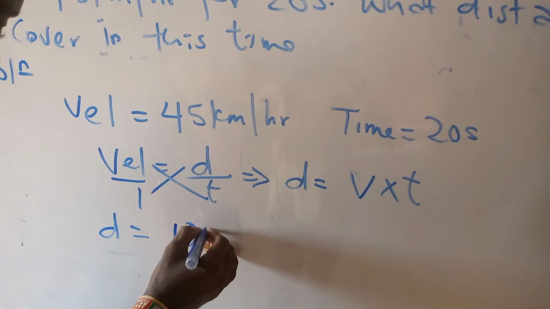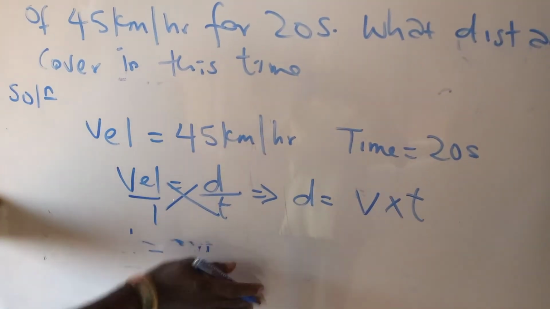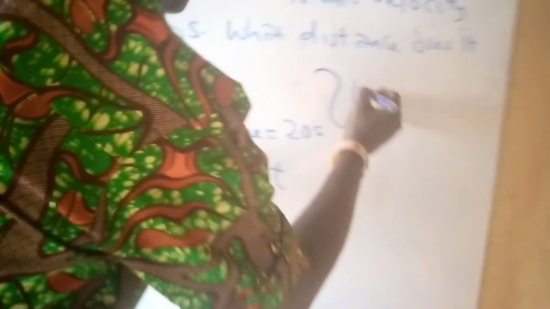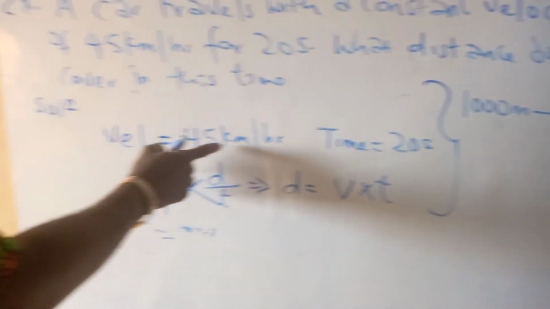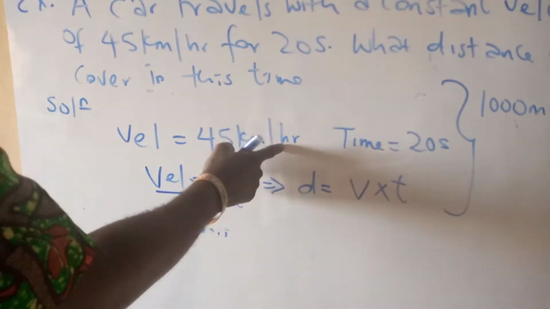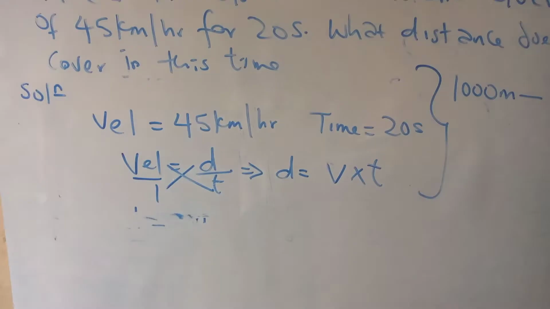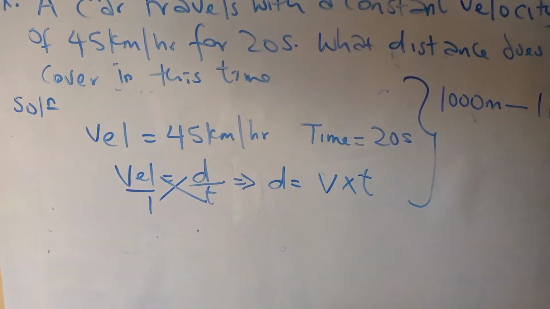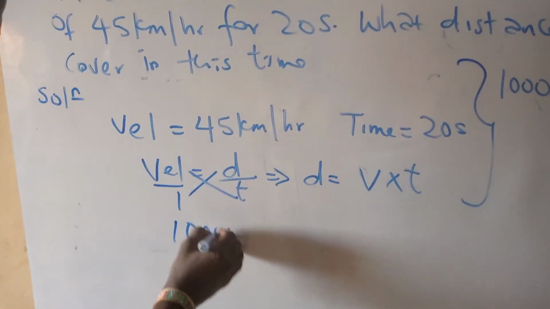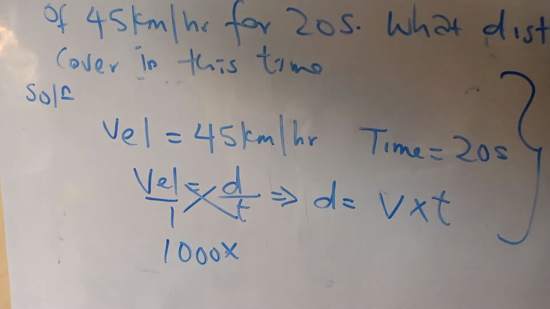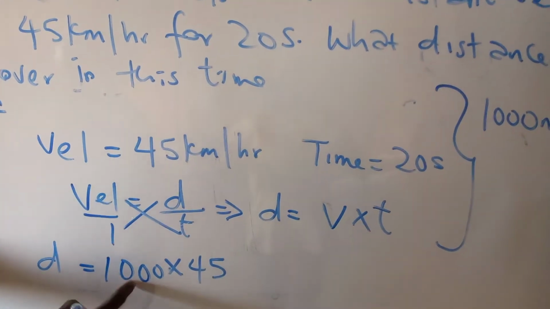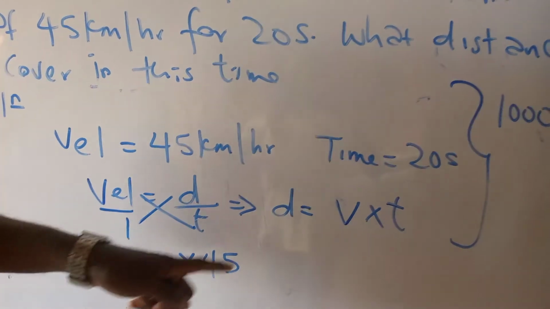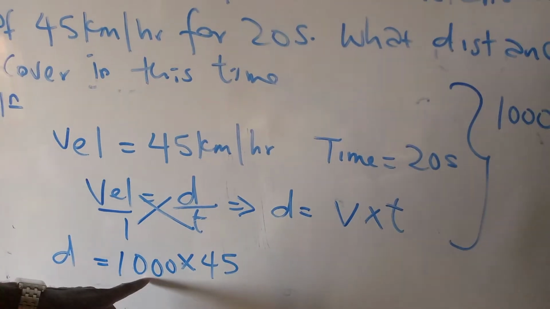I told you that you need to change it. Let me clear that so that it will be understandable. I told you 1,000 meters equals 1 kilometer. So we need to take the distance and the time to meters and seconds. The first thing you do is 1,000 times 45. So I've been able to change this 45 kilometers to meters.